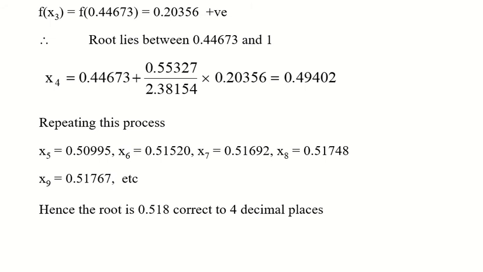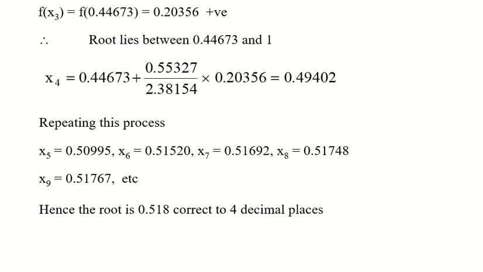x4 you will get it as 0.49402. Right, so go on calculating this. Since it is asked three decimal places, you can fix your calculator to 3 decimal places and write down the solution in terms of 3 decimal places also.